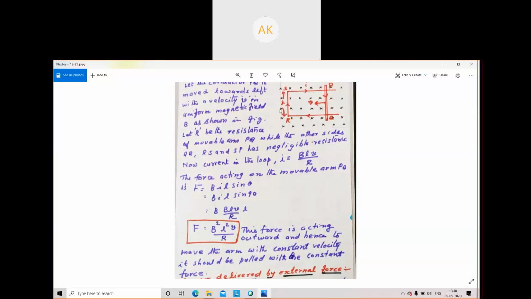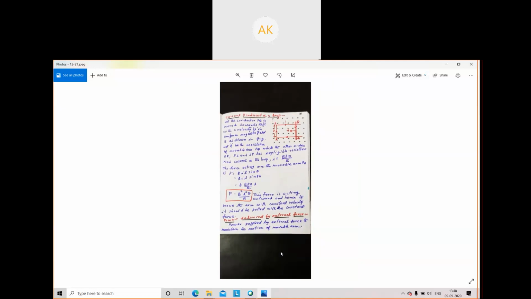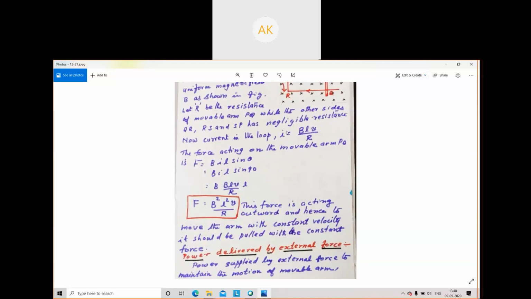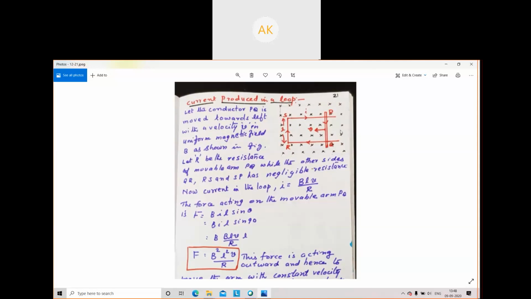So the force is acting outward, and hence to move the arm with a constant velocity, it should be pulled with a constant force. It will always experience a force in the outward direction.